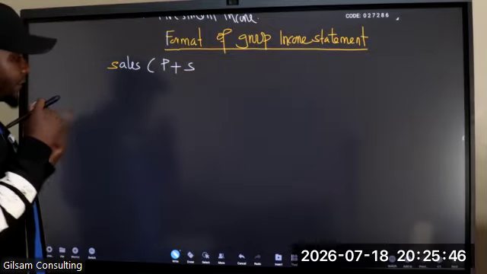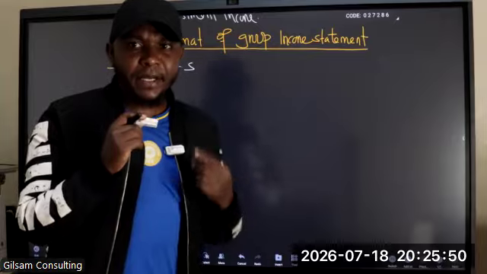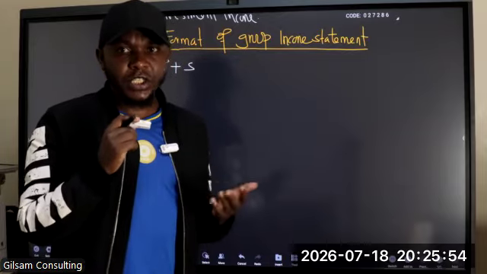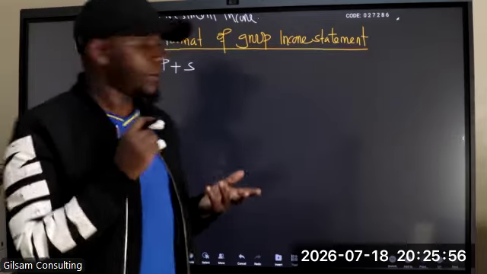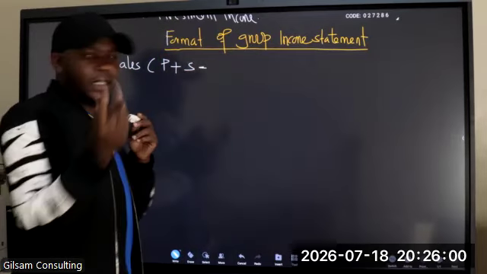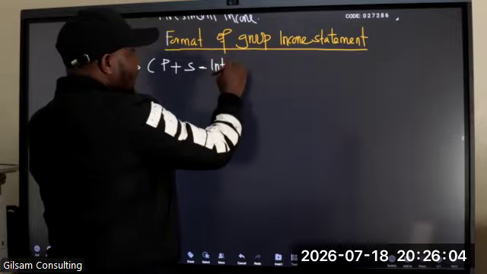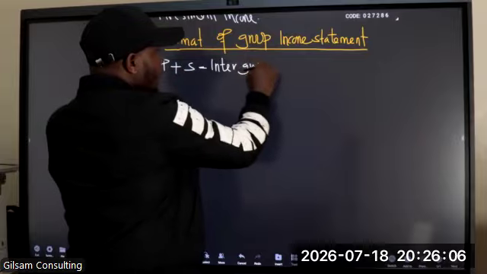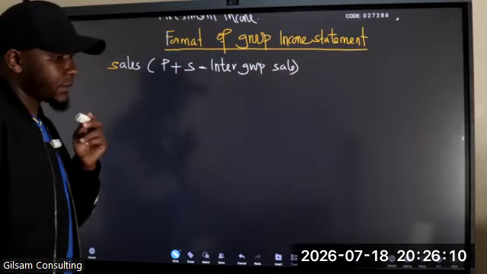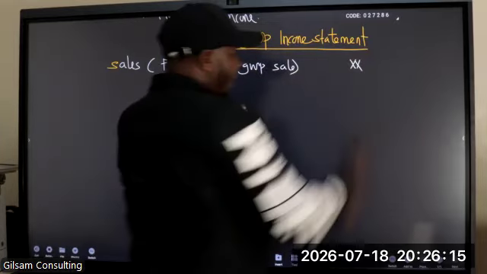A subsidiary is a company owned by the parent company with more than 50% of the shares. Then minus the intergroup sales, so that we get our sales value there.